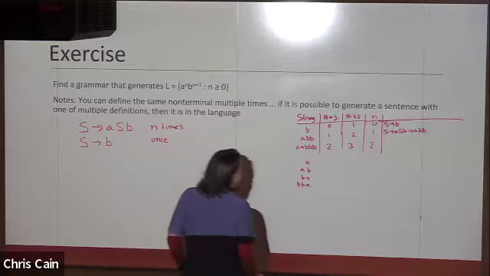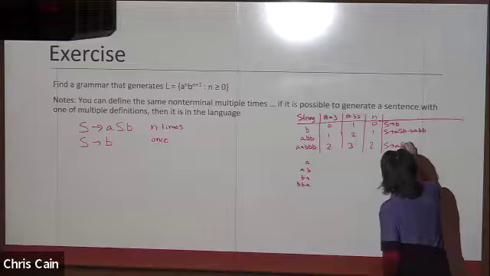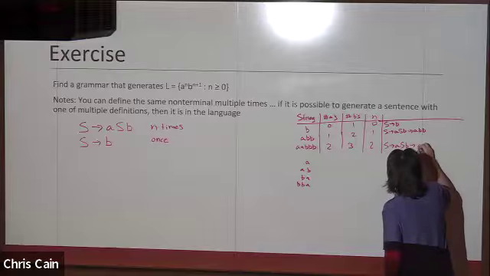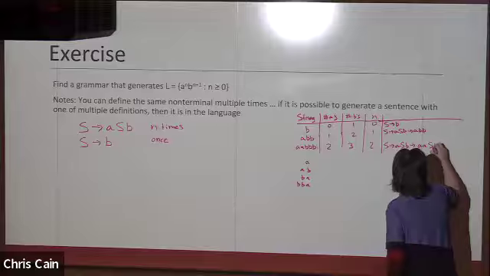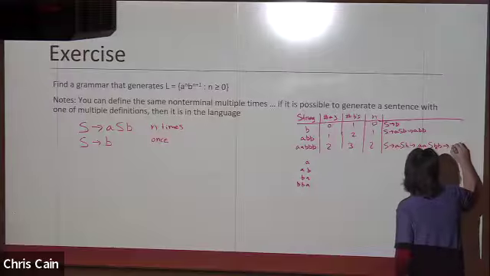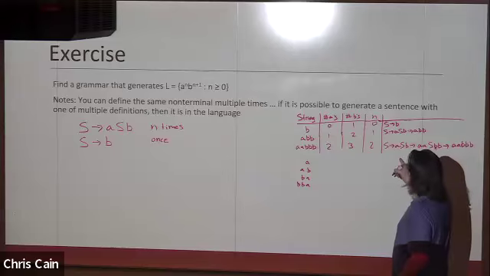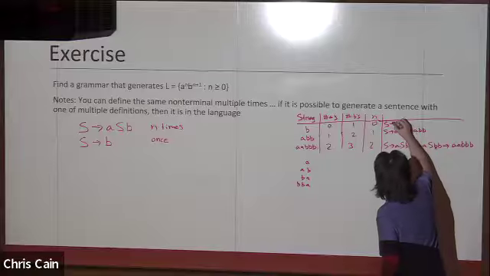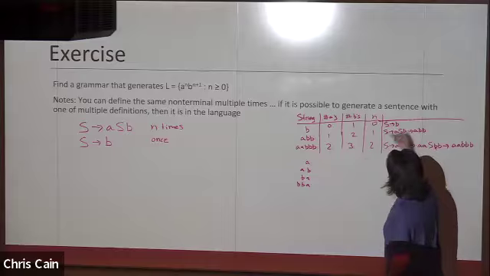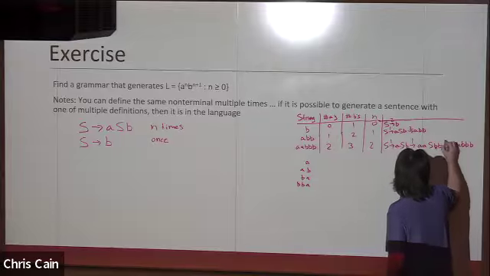In that order, this would give us S arrow ASB arrow ASBB arrow ABB. If we call this rule 1 and rule 2, this applies rule 2, 1, 2, 1, 1, 2.